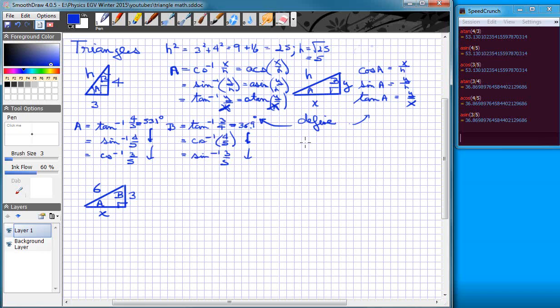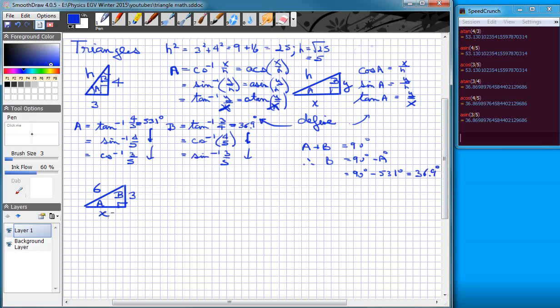In other words, for a right triangle, A plus B is equal to 90 degrees, and therefore B is equal to 90 degrees minus A, which in this particular case would be 90 degrees minus 53.1 degrees, which in fact is the same thing we calculated with these ratio definitions over here.